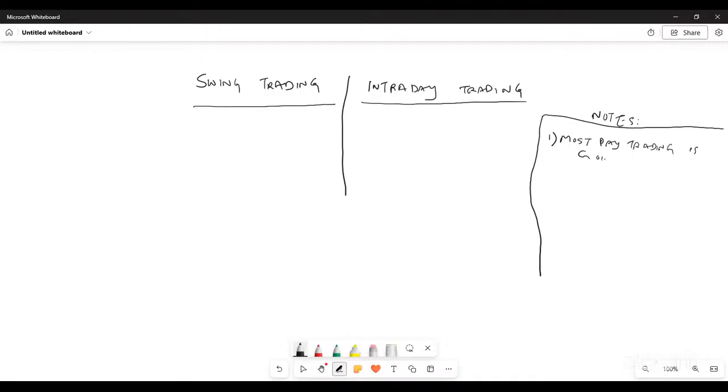And this is from my experience. I mean, you could be a very good day trader and make probably like $1 million a month. You don't need to be joining here if that's the case. If you do end up making like $1 million or something, do let me know. Most day trading is going to fail.